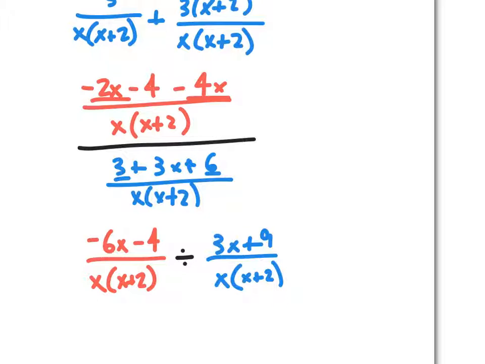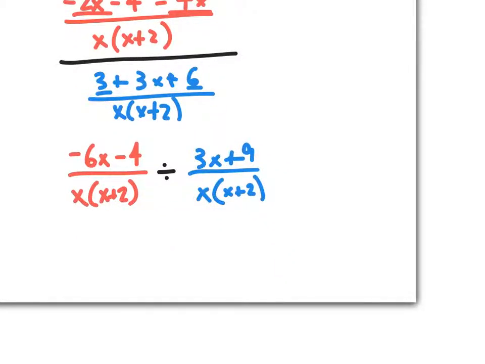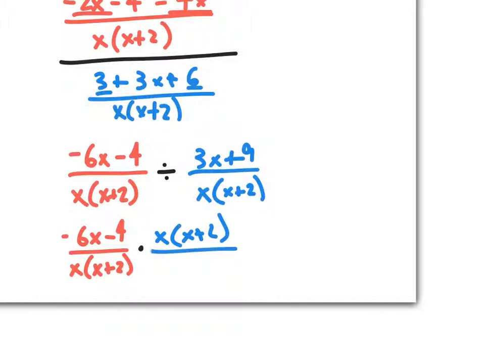Okay, and now if I divide those fractions, it's the same thing as multiplying by the reciprocal. So I've got negative 6x minus 4 over x times x plus 2 times, okay, x times x plus 2 divided by 3x plus 9.